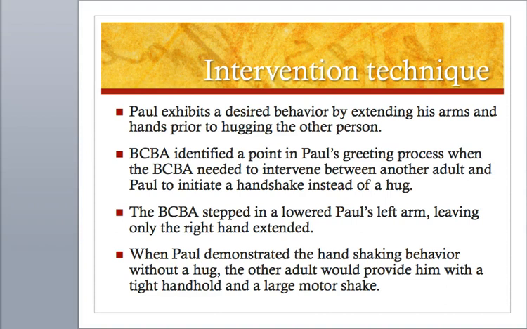When Paul demonstrated the handshaking behavior without a hug, a second adult would provide him with a tight handshake with a vigorous shaking motion. And so it took two people, one to hold his left hand back and the other to grab his right hand as it came up, and shake his hand.